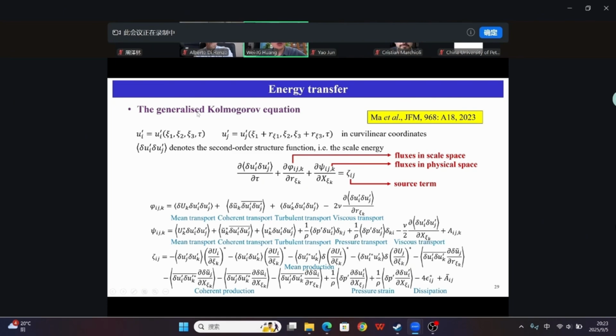So we derive the generalized Kolmogorov equation in curvilinear coordinates. This is the flux in the scale space and the flux in the physical space.